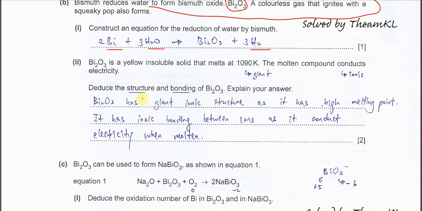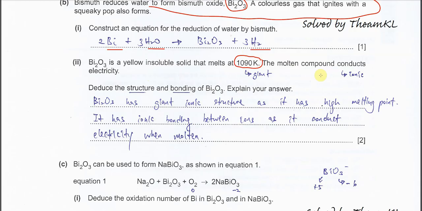Part 2. Bismuth oxide is a yellow insoluble solid that melts at 1090 Kelvin. So this is a high melting point. It's telling you the structure is a giant structure. So this is the first hint. Second, the molten compound conducts electricity.